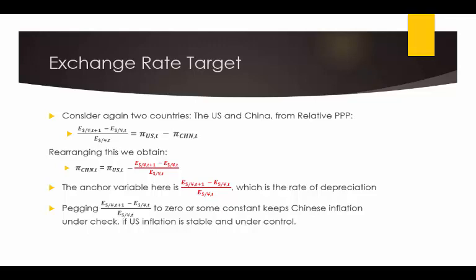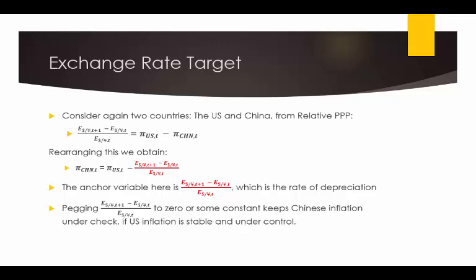So if China, for instance, wished to credibly signal their willingness to keep inflation in the long run down to some fixed deviation from that of the United States inflation rate, they could do so by pegging their exchange rate so that this rate of depreciation is zero or some low constant magnitude.